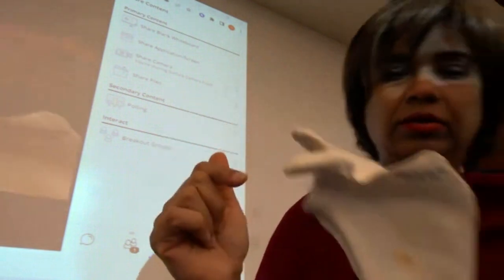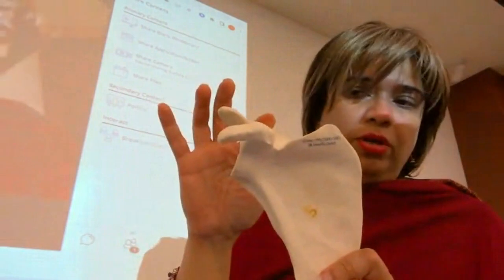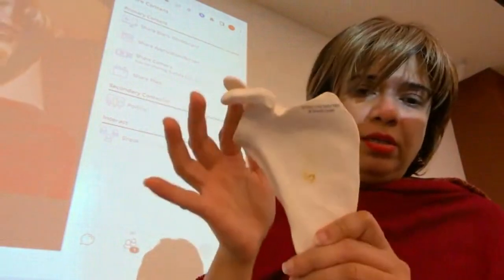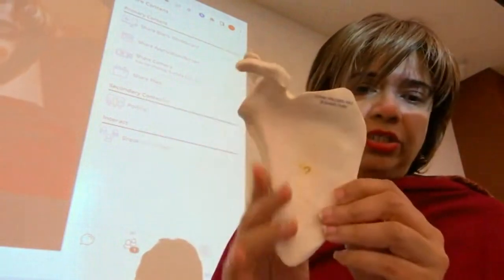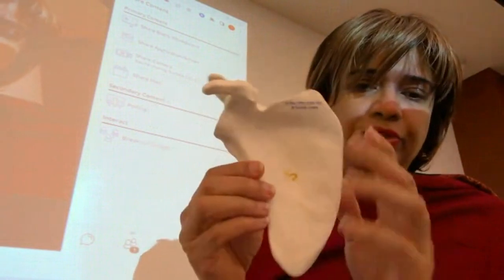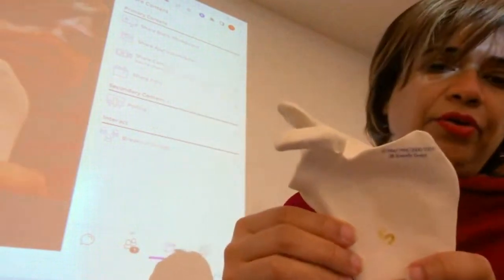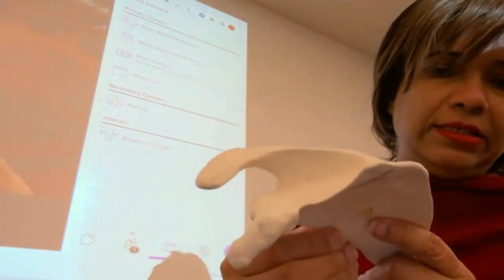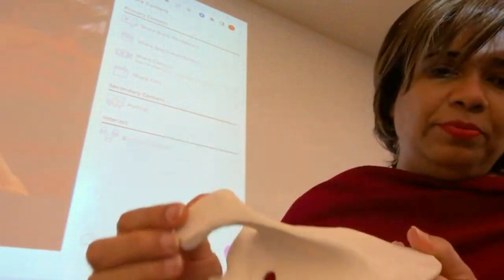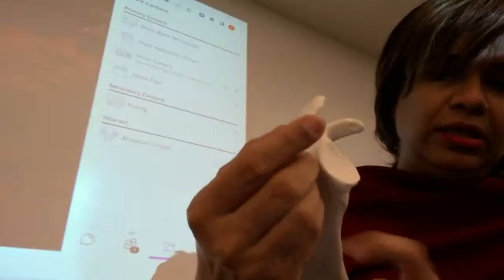This is your superior border. This is your lateral border. This is your medial border. Now, acromioclavicular facet. This is acromion process.